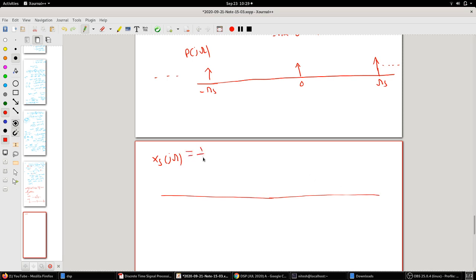It's actually 1 by T summation k equal to minus infinity to infinity xc of j omega minus 2 pi k by T. This is what you have.